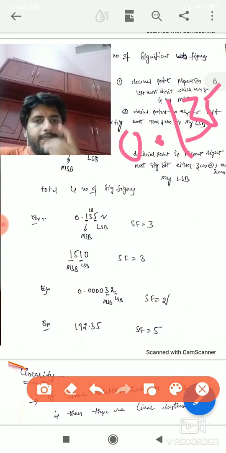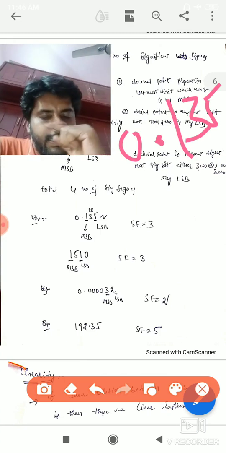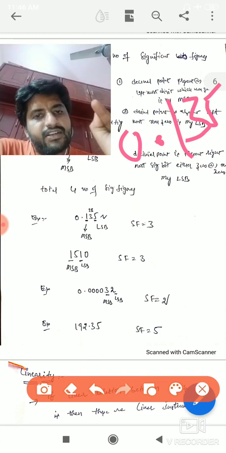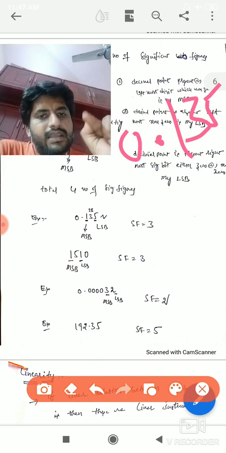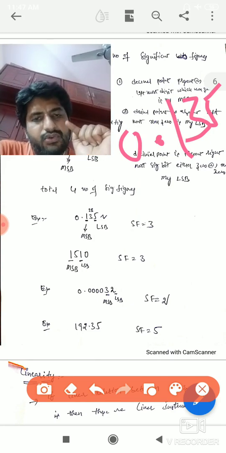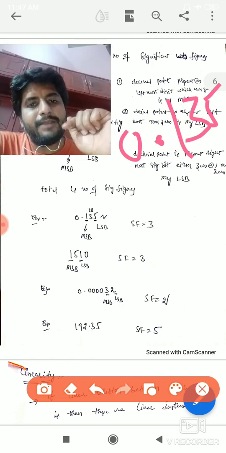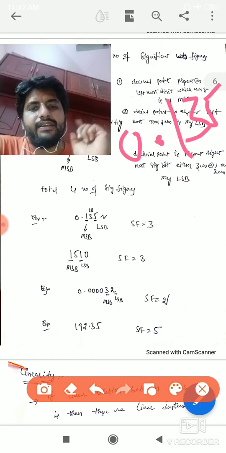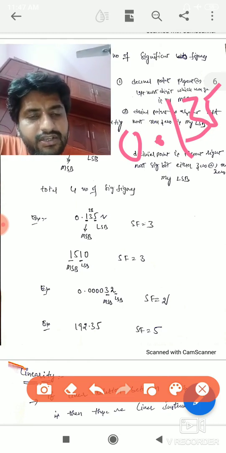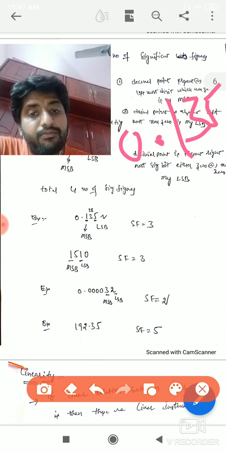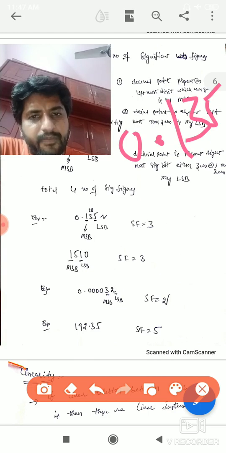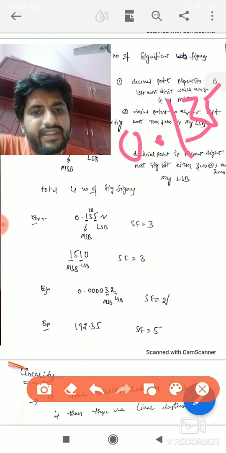See, first point, if the decimal point is present or absent, the leftmost digit, which is non-zero, is my most significant figure. Decimal point present or absent, no problem. The leftmost digit, which is non-zero, is my most significant bit.